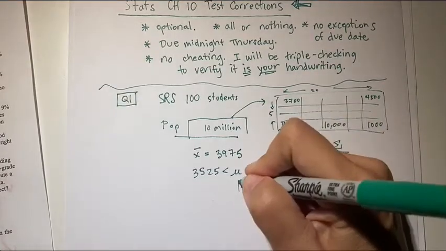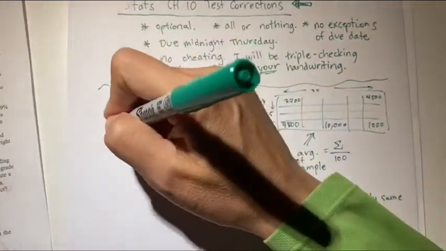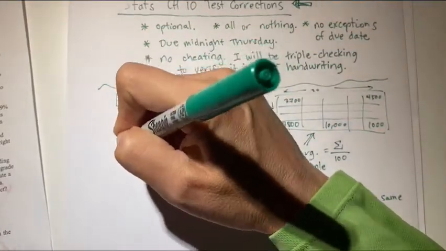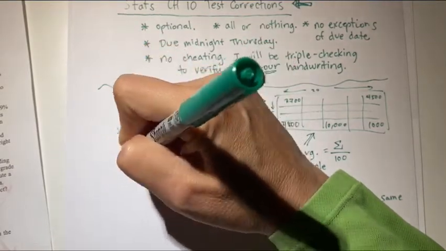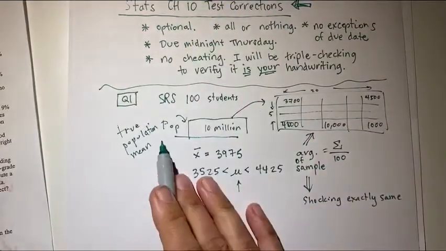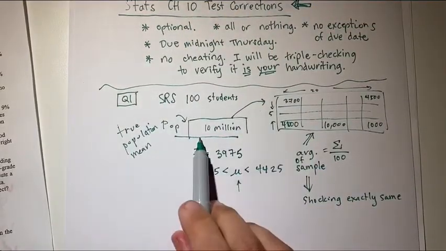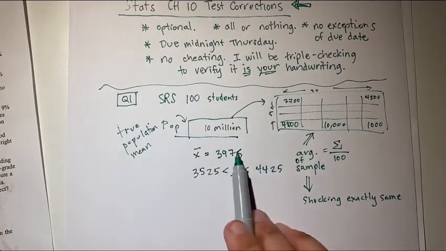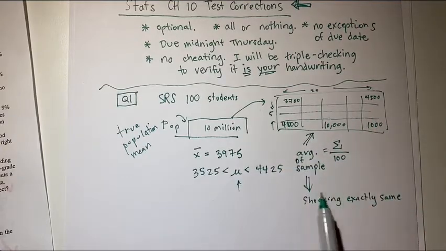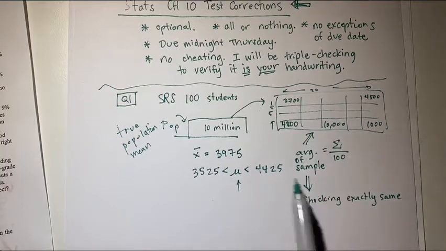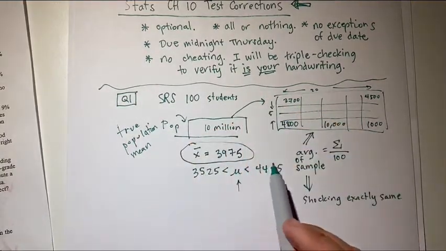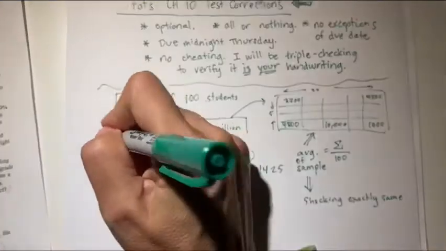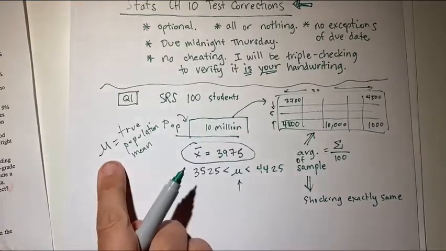This is the actual true population mean. Right? I'm trying to approximate the true population mean. I know the exact mean of these 100 kids. That's just my sample. But I'm trying to use this single sample average to make an approximation about this full population mean, and that's that symbol mu.